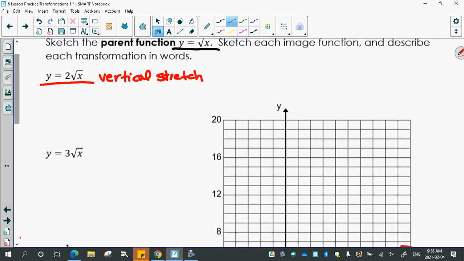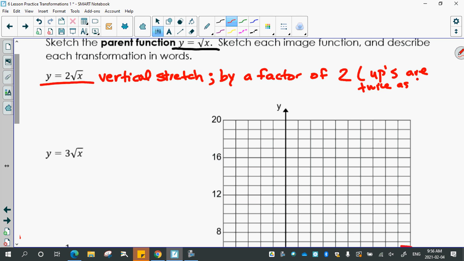That's the overall transformation, and then you want to say specifically what it is. So instead of saying multiplied by 2, we say by a factor of 2. And then I'm just going to put in brackets here, ups are twice as big as the parent.